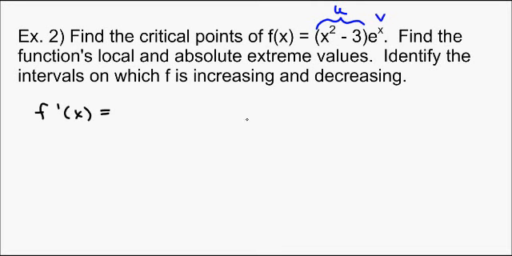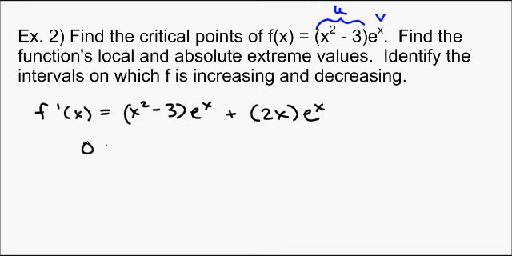So I have u times the derivative of e to the x, which is e to the x, plus the derivative of this function, which is 2x times e to the x. Okay, so this is my derivative. And I'm going to set it equal to 0.